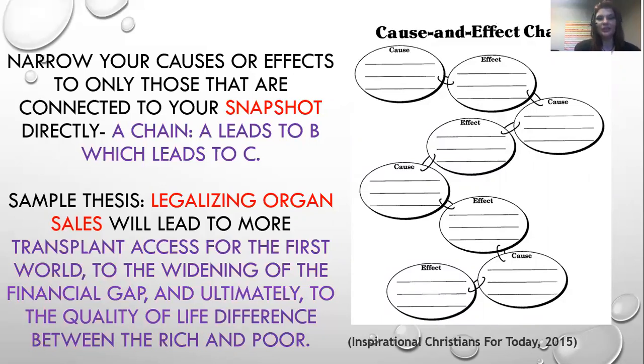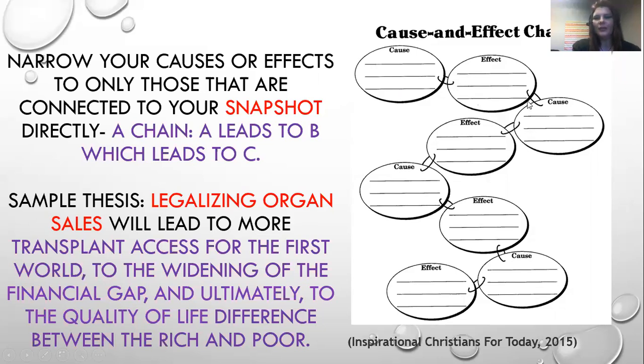One of the most logical progressions is a chain, like we have in this picture here. You could start with your focal point or snapshot and then list the biggest or most logical effect after that snapshot.